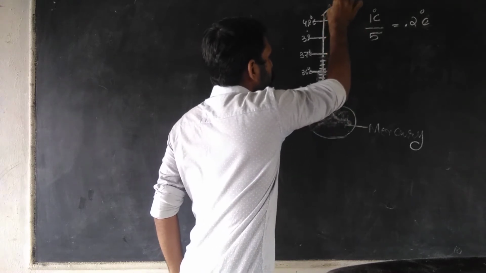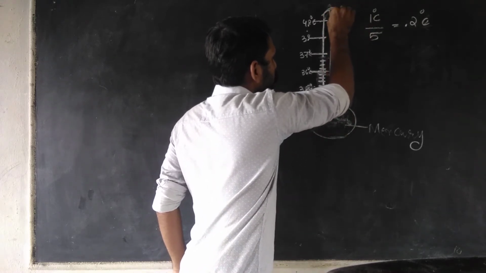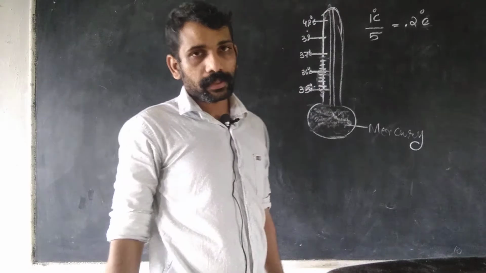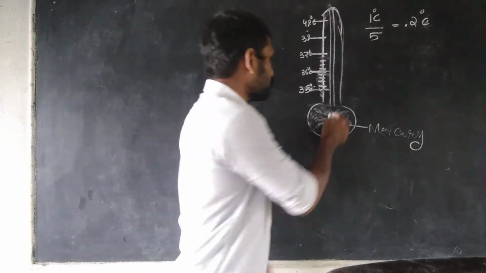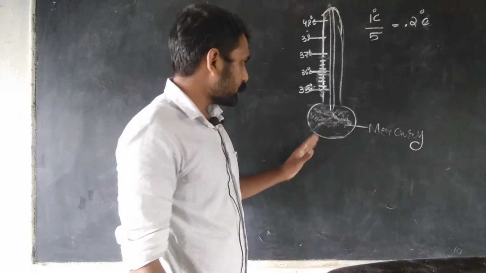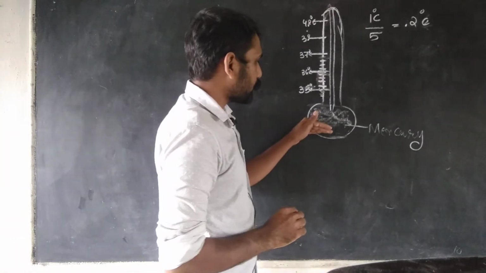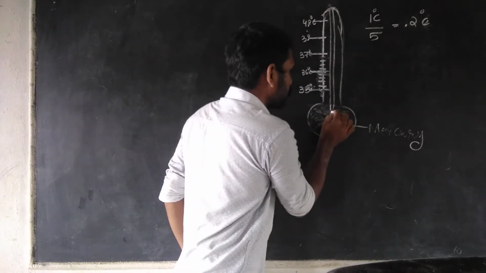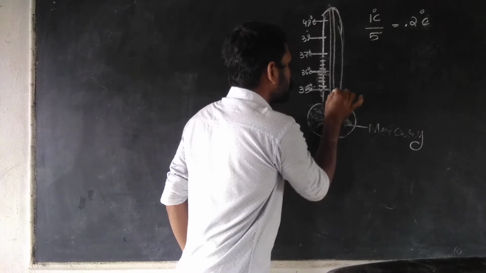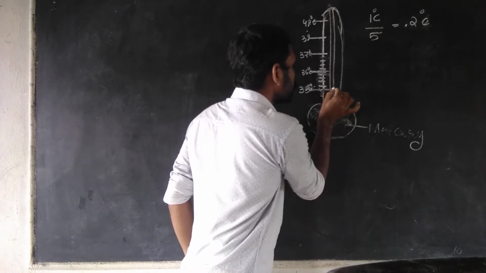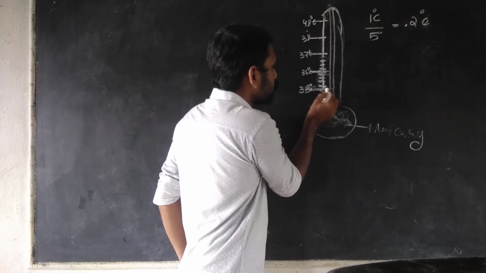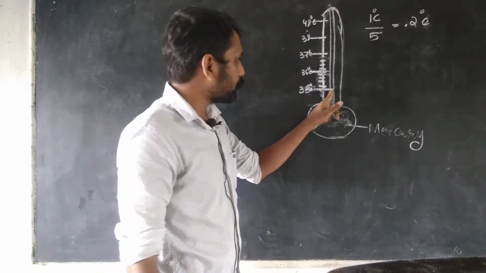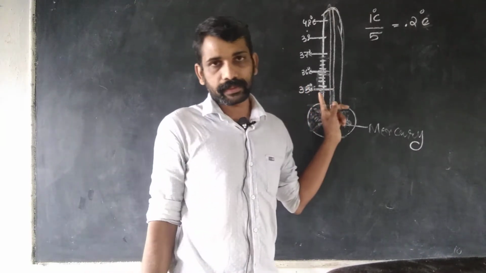Suppose the mercury rises through this narrow tube and stands at the same level as one of these bigger marks, then the temperature is 35 degrees Celsius.